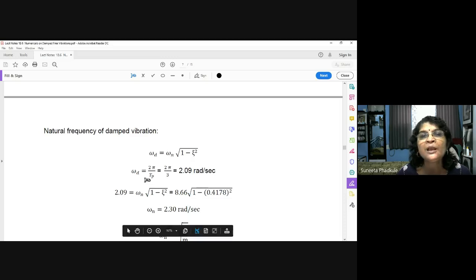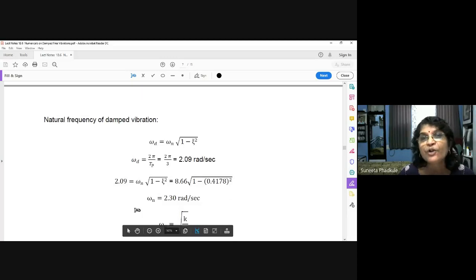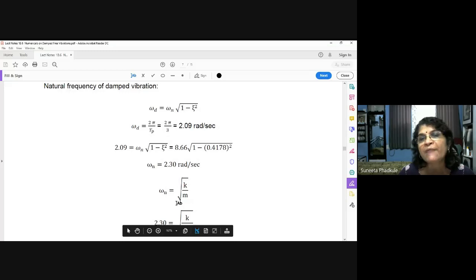Once we find omega d, you can find omega n. Listen, in this problem k is not given, only m is given, and we want to find k. So immediately it should come to your mind that I want to find k. There is only one formula which relates k and m, that is omega n. m is directly given, so if I want to find k, I must find omega n. How will you find omega n?